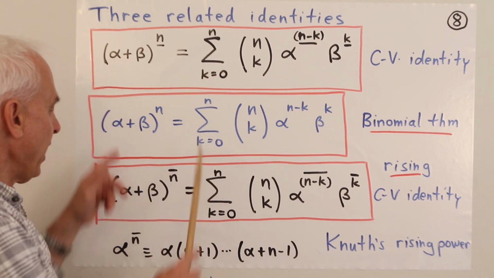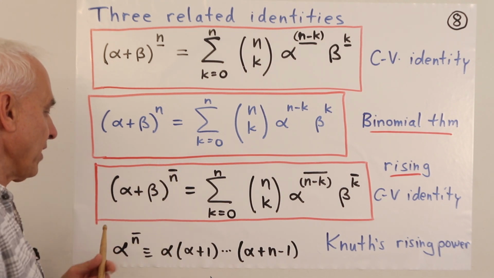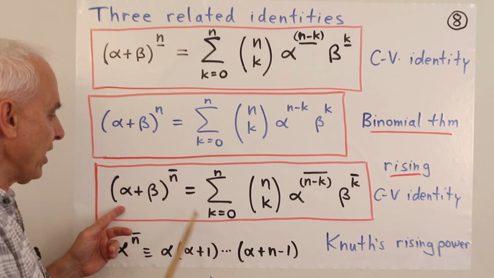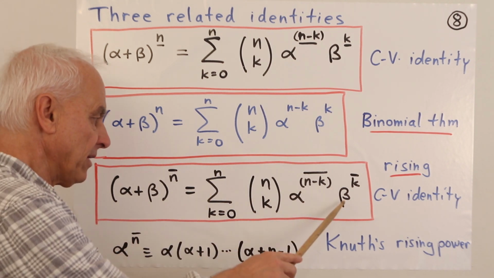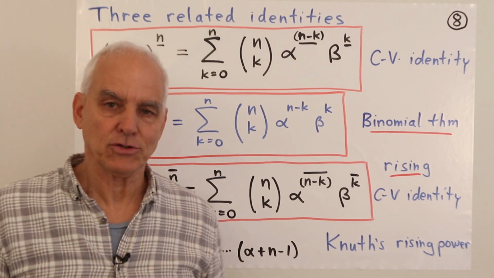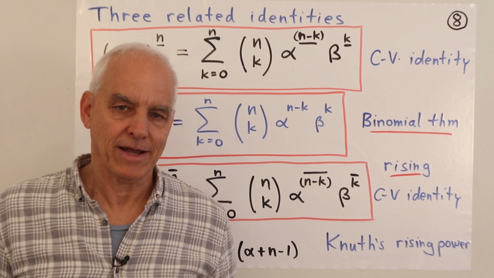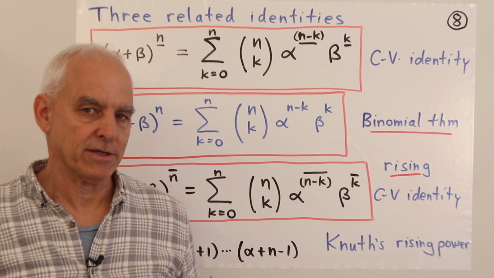So the corresponding thing, well, just replace the falling things with rising things. Alpha plus beta to the n rising equals summation k equals 0 to n choose k, alpha to the n minus k rising, beta to the k rising. Is that still true? Well, it turns out that it is. It's still true. We could call this the rising Chu Vandermonde identity.